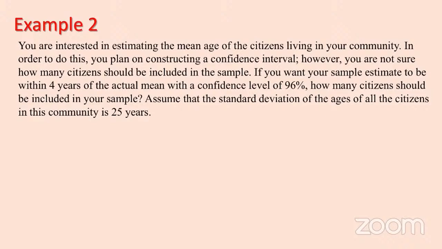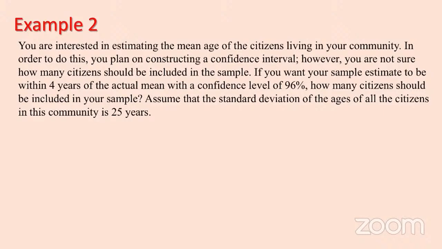You are interested in estimating the mean age of citizens living in your community. In order to do this, you plan to construct a confidence interval. However, you are not sure how many citizens should be included in the sample. So you don't know the sample size, meaning you want to find the sample size here.